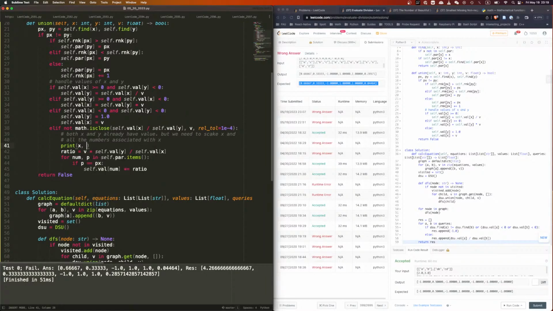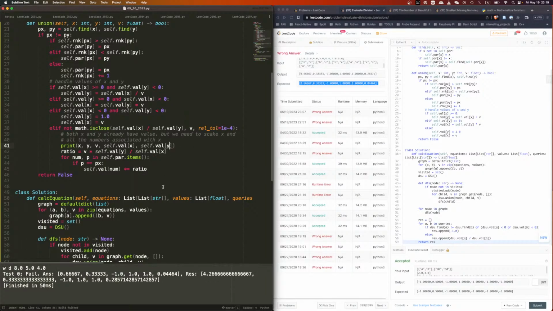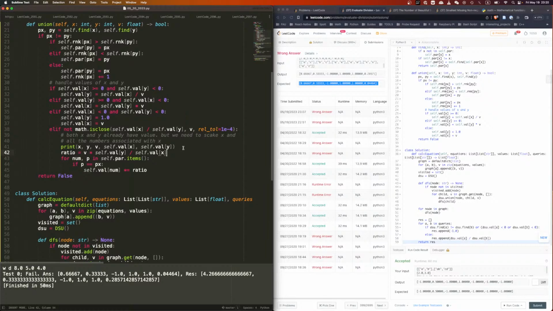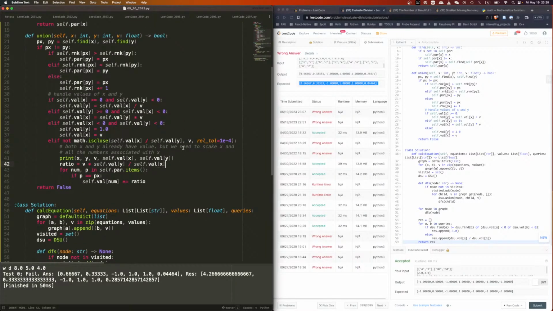V, so x, y, and v. Self.val x, self.val y. I need to examine this. Okay, WD8, 5, and 4. Yeah. Ratio shall be v is 8 times y is 32 divided by 5. So the ratio is also right. The ratio is correct, right? The ratio is correct.